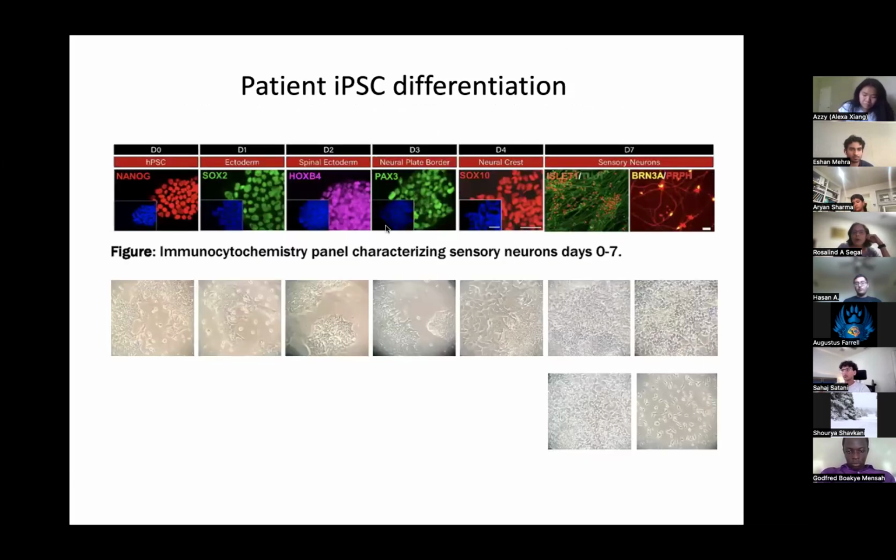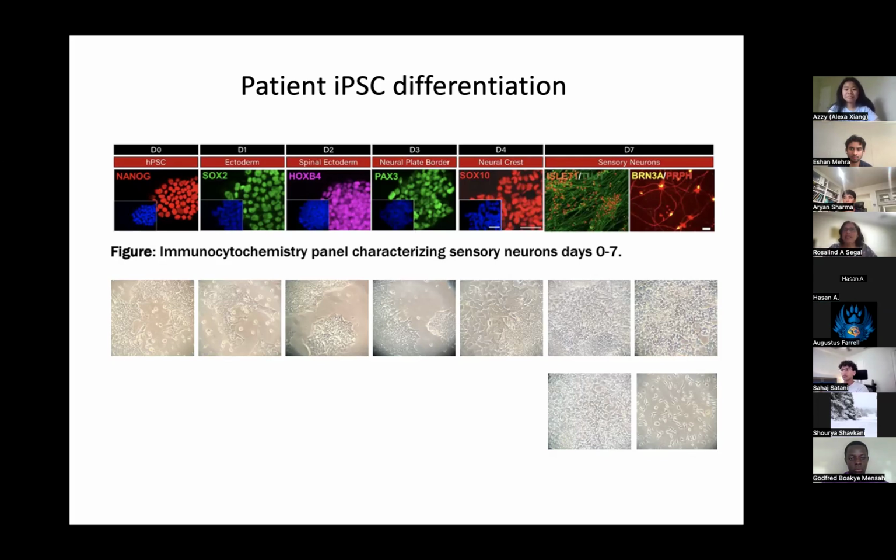And we can look at them over time and show that they slowly develop, going through the process of becoming neuronal-like, starting from the iPSCs, becoming ectoderm, becoming neuronal-like, becoming the neural crest, and then going from the neural crest to sensory neurons. And we can monitor this progression over time by looking at markers for these different cell types. It's really amazing that this is possible.